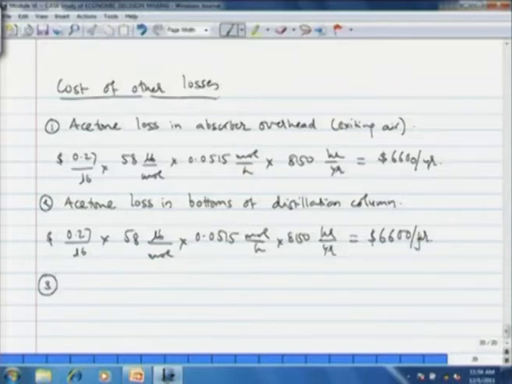Then the third loss is that of solvent water itself.